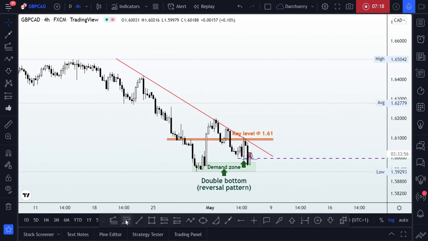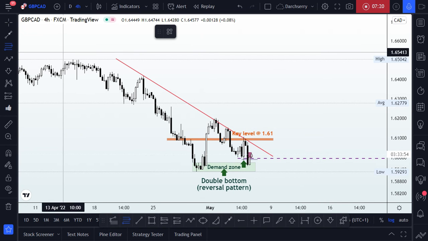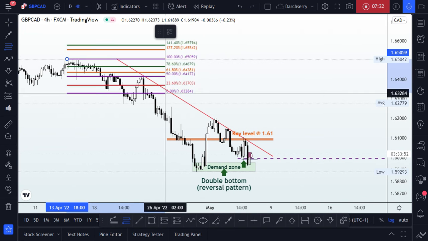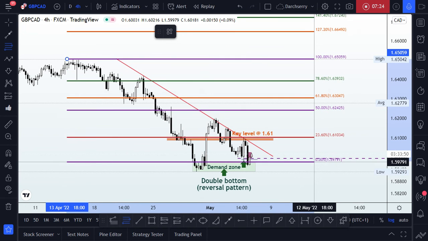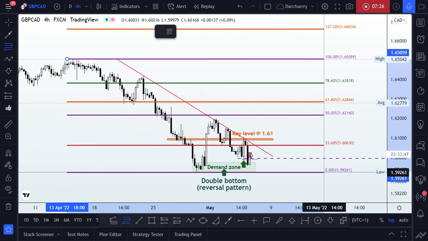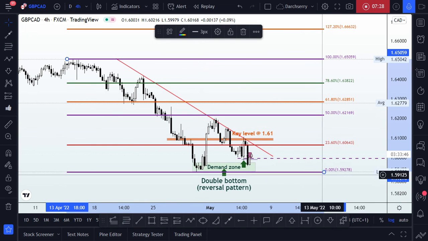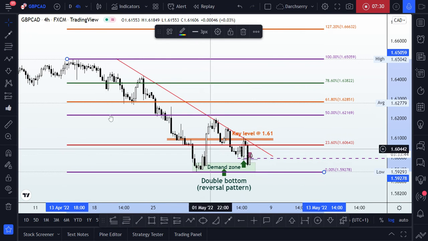So if we pull out our retracement tool and run this through this impulse leg, at least for the meantime, let us just take some profit and let's see if price is going to play out as expected.